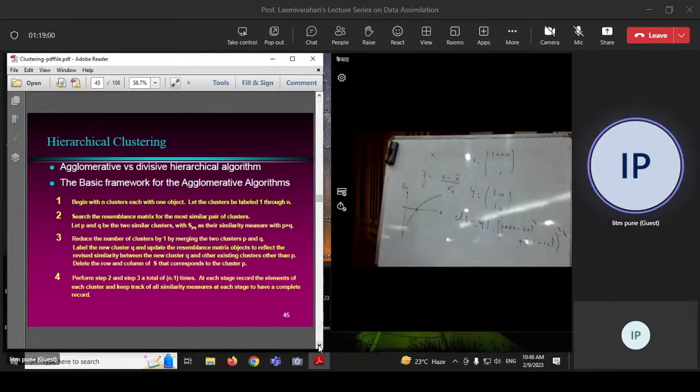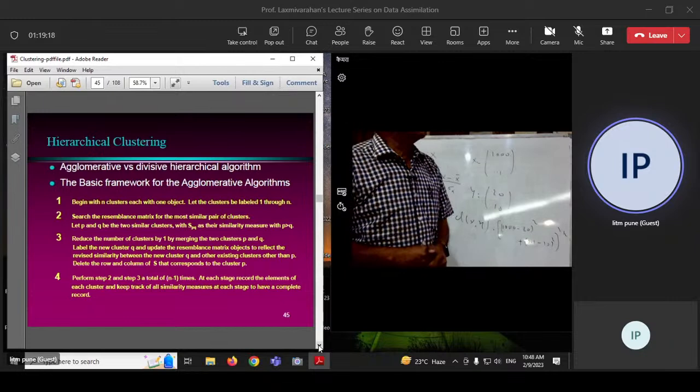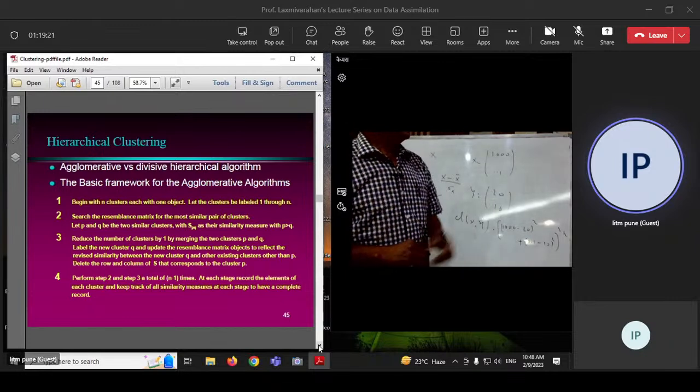It brings the two clusters, P and Q, together to form a new cluster with 2 objects. So I originally had n clusters. Now I'm going to have n minus 1 clusters, all but one having one object each, only one having two inside. Now reduce the number of clusters by 1 by merging the two clusters P and Q. Label the new cluster.